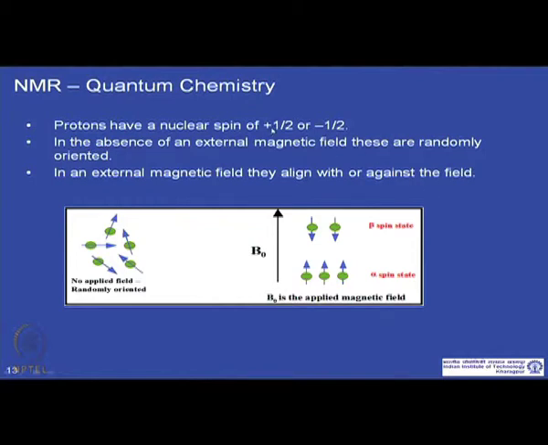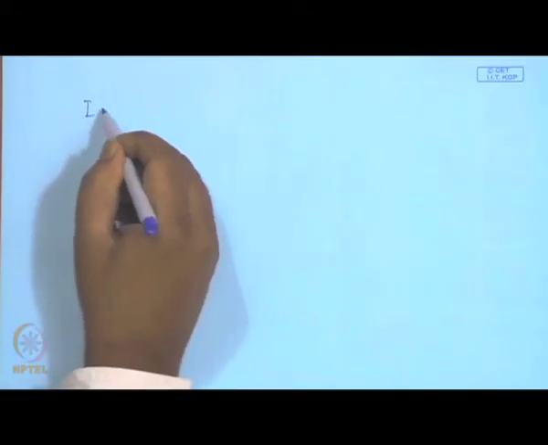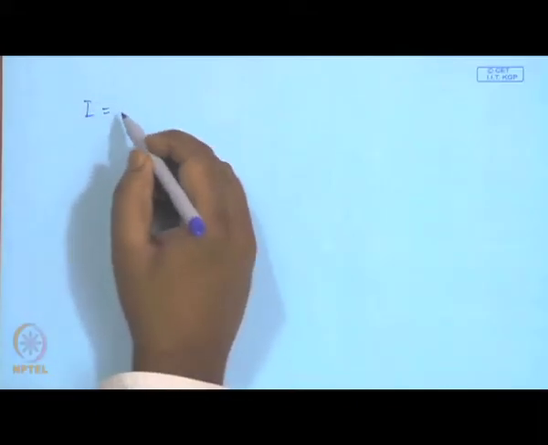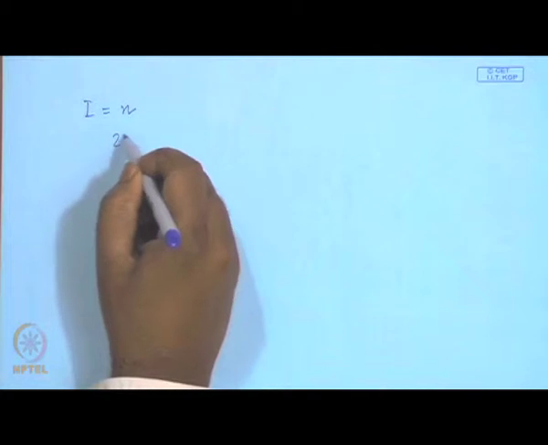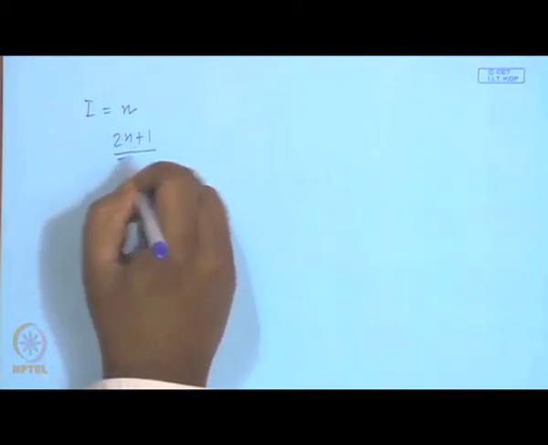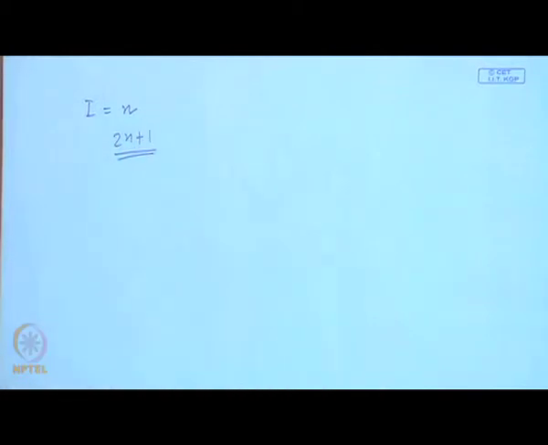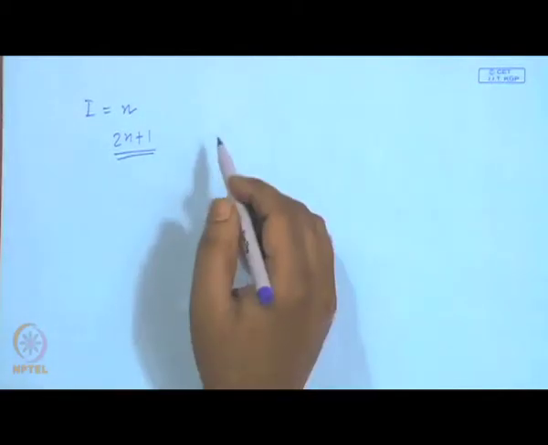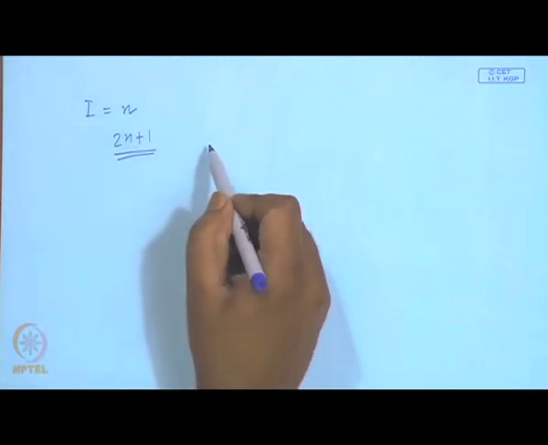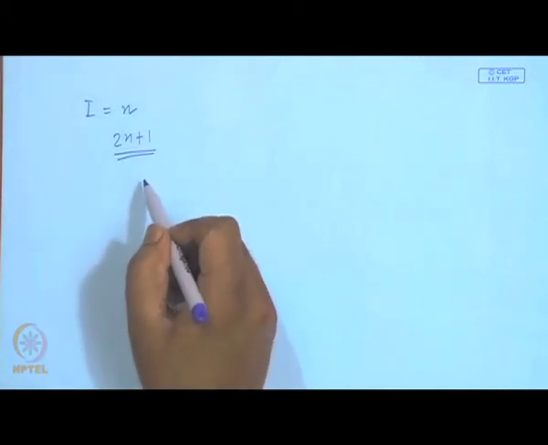The general rule of thumb is that if I has some value n, then 2n plus 1 is the number of states, that is, the number of magnetic energy levels.